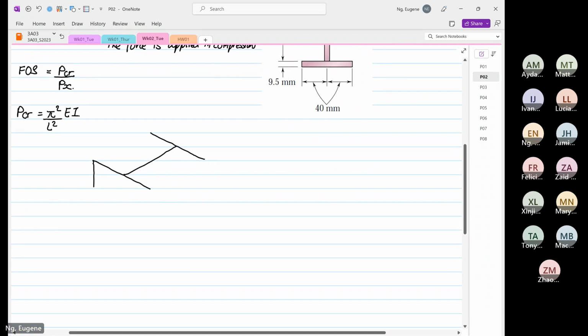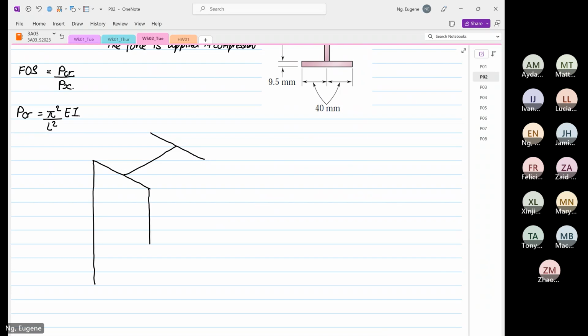And then we have the vertical. Okay, this is our structure.